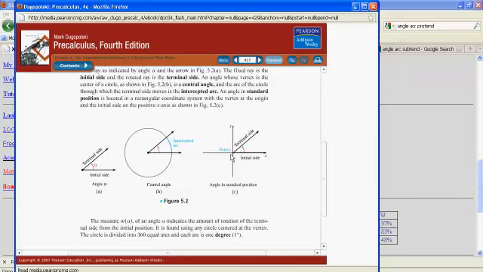Now, the radian measure of an angle in the standard position is the length of the intercepted arc of this angle. So for example, this angle in the standard position with the vertex at the origin, how to get the radian measure of this angle? You may just measure this intercepted arc. So the length of this intercepted arc is called the radian measure of this angle.